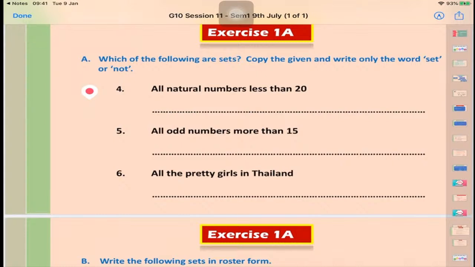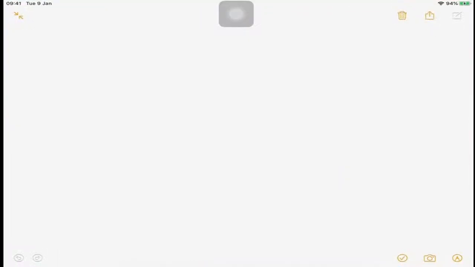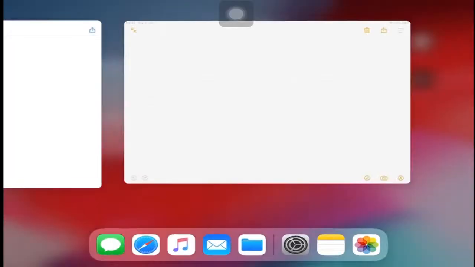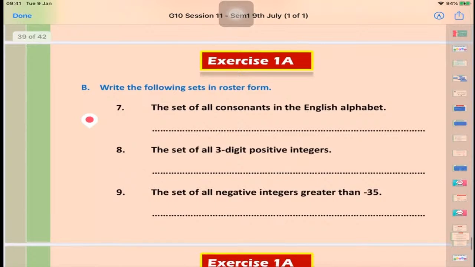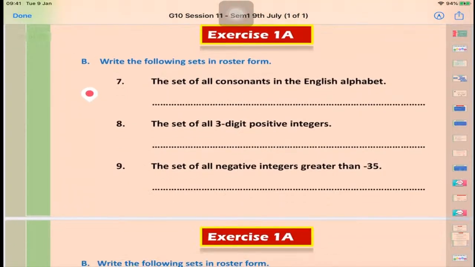You can have it continuously, for example page 1, numbers 1 to 10. Are you done? 4, 5, 6. And then we have 7, 8, and 9.